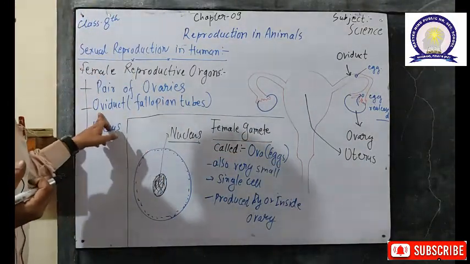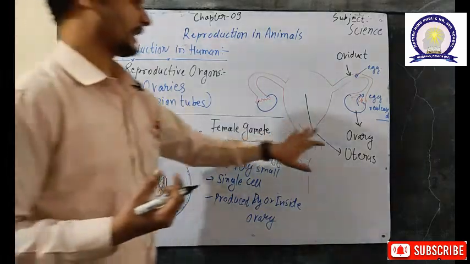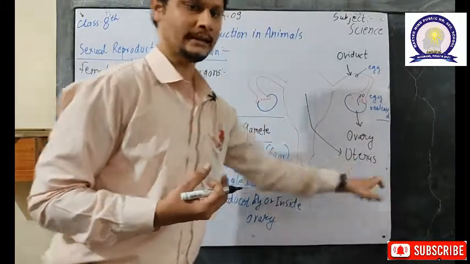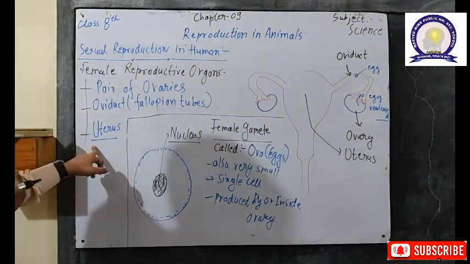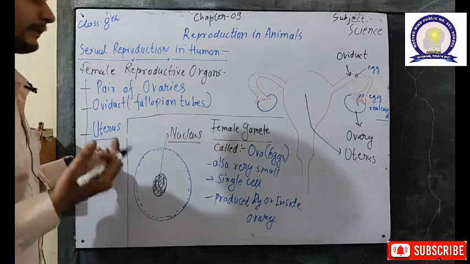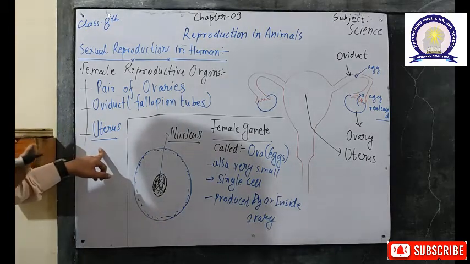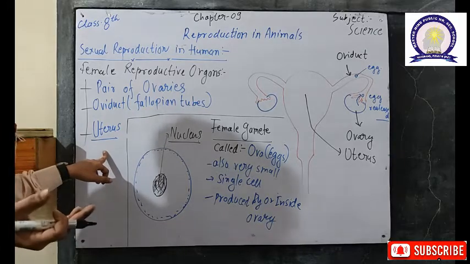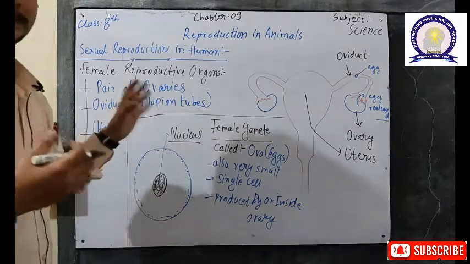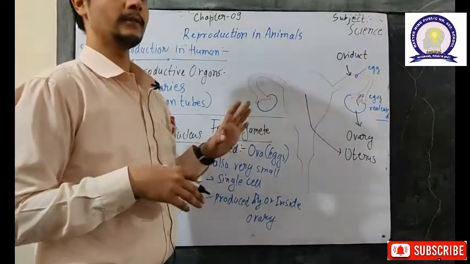Secondly, the oviduct or fallopian tube connects the ovary to the third important organ, which is called the uterus. The uterus is ultimately responsible for the development of the newborn, also called a fetus, or the young baby, inside the womb of the mother.